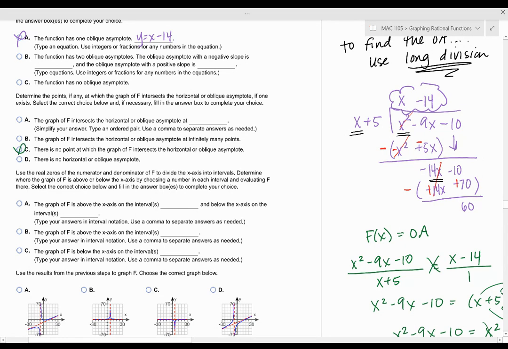Okay. All right. The next part says use the real zeros of the numerator and the denominator of f to divide the x-axis into intervals. And then they are interested in where the graph sits either above or below the x-axis.